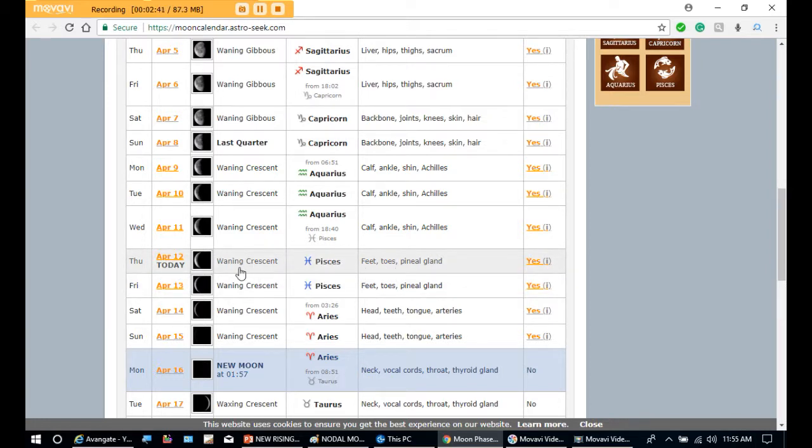So it's somewhere before the new moon, which is going to be on the 16th coming up. And for today, this waning crescent is in the moon in Pisces, and so it tells you that that moon emphasizes the feet, toes, and the pineal gland in the head.